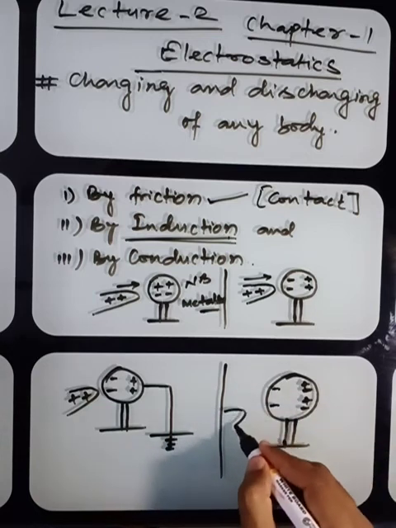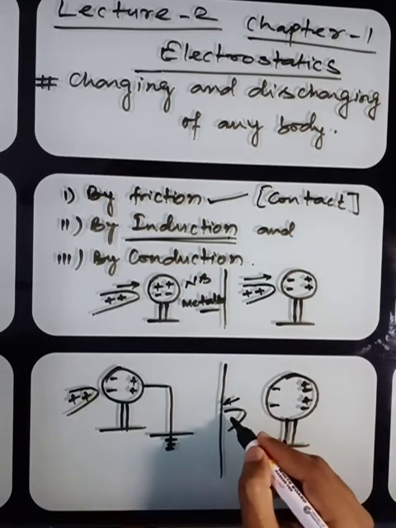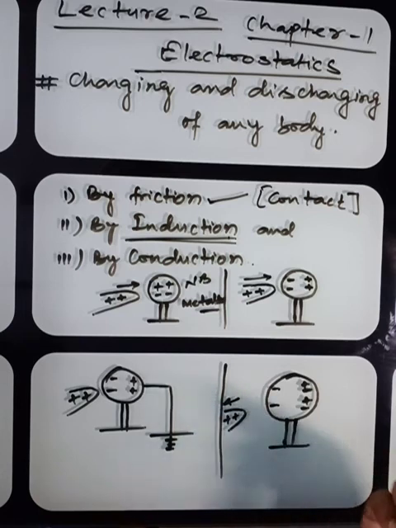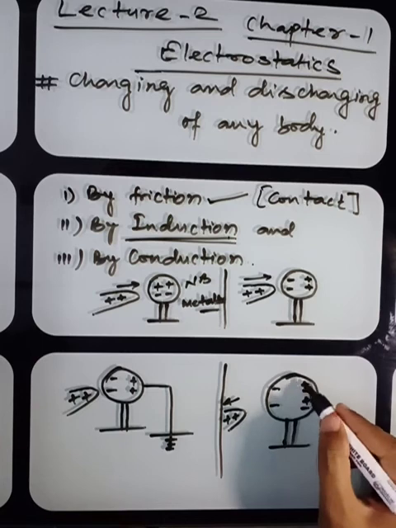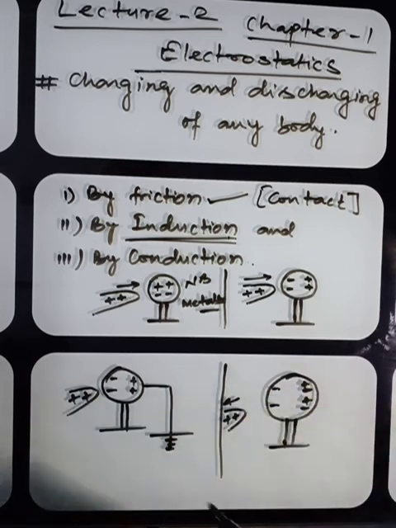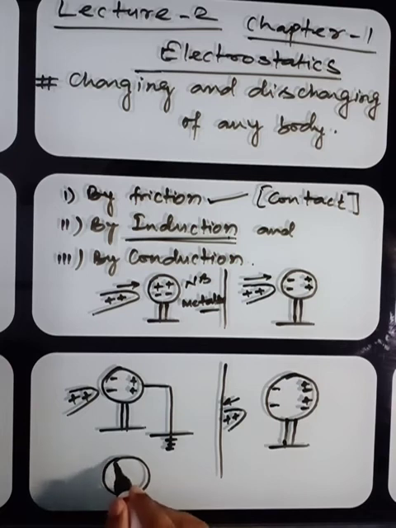Now bring this rod away from this sphere. Since this is neutralized, now we are having the excess of negative charge.